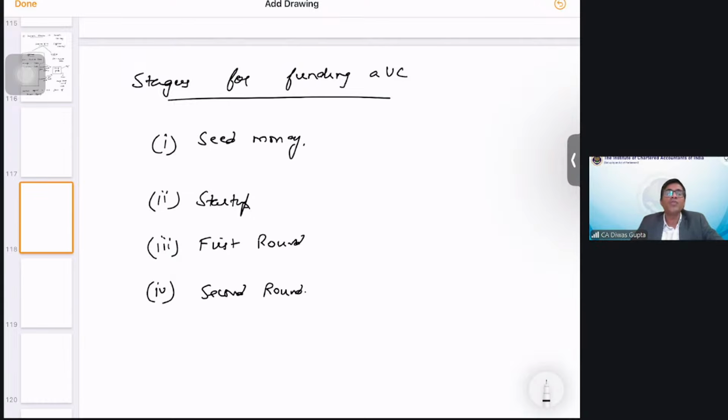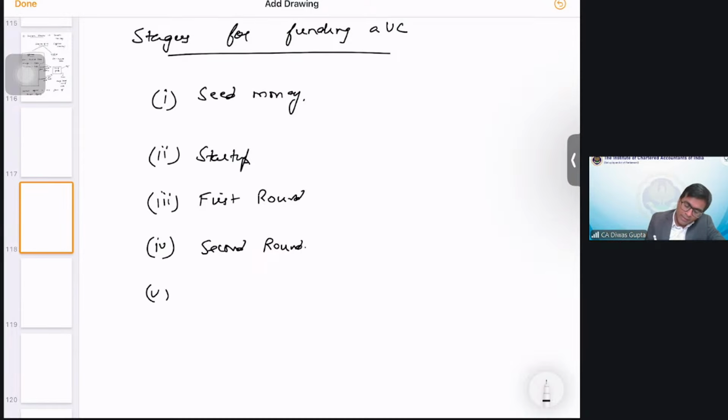Then the second round will come to sustain that level of funding, right? Then the third round is also called mezzanine financing. Mezzanine means in-between financing. So this is basically when you are getting into a profitable company, right? The expansion money that you need for that is called the third round.